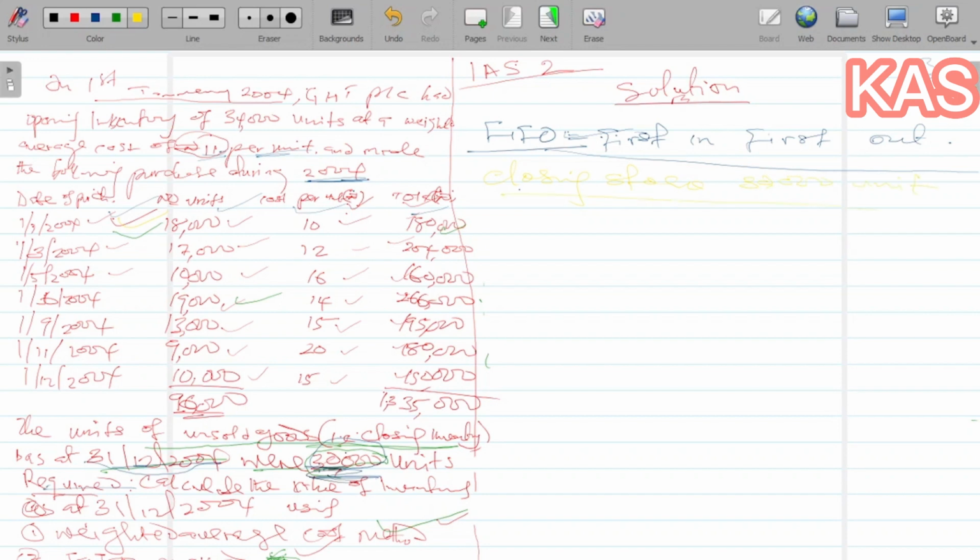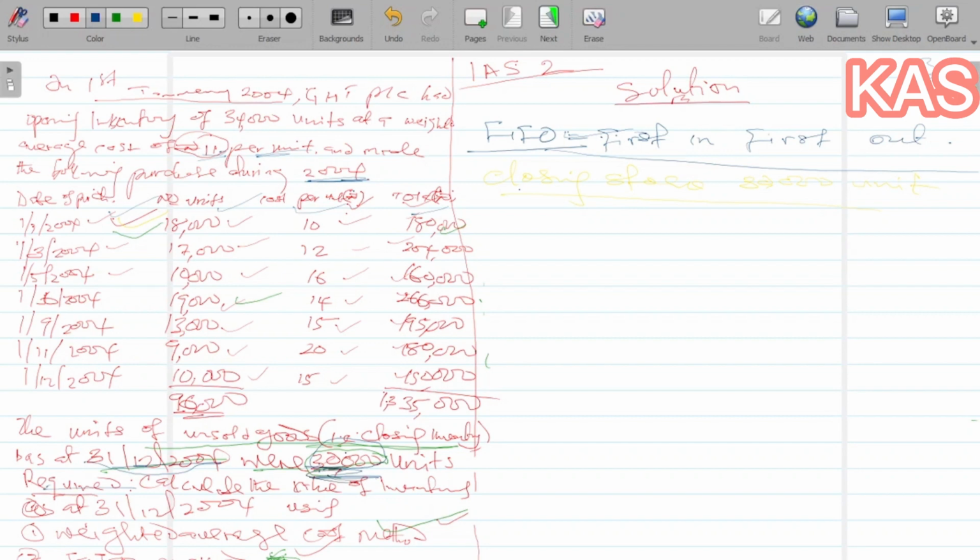So going back to FIFO, it is telling us first in, first out. The assumption here is that whatever we purchased first will go out, and what remains is our closing inventory. We are going to use the last purchase as our closing inventory.